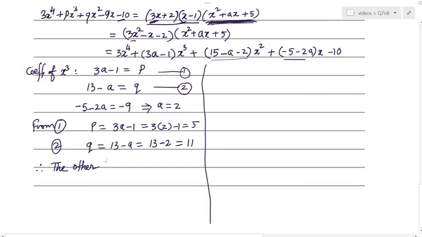So the other two factors will come from x squared plus ax plus 15, which basically becomes x squared plus 2x plus, sorry, it's not 15, it's 5.